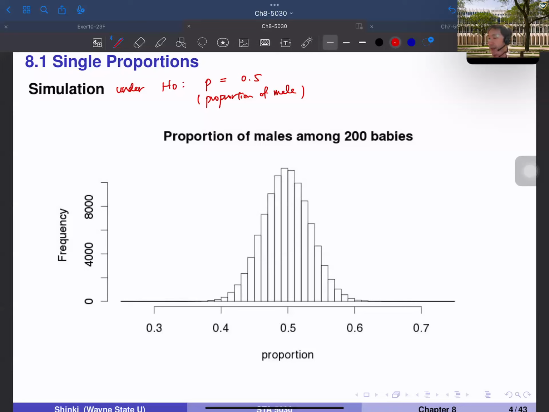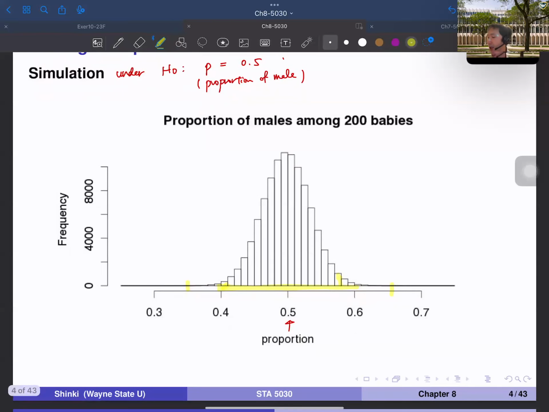Since the probability of being 1 is 0.5, this is centered at 0.5, but the result has large variation, maybe from 0.4 to 0.6. It's very rare to have 0.35 or 0.65, but sometimes the proportion becomes maybe 0.41 or 0.58.